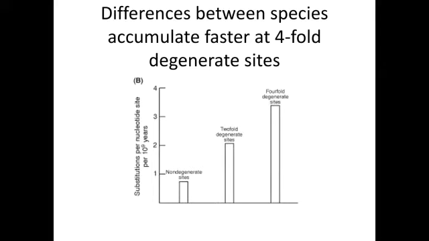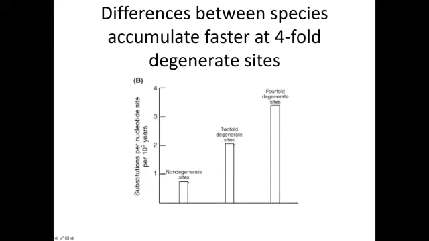You can look at the substitutions and you can see that the rate of accumulation of substitutions is much higher, say, for example, between us and chimps or us and mice at 4-fold degenerate sites compared to 2-fold degenerate sites. And 2-fold degenerate sites are going to have an accumulation of differences that is happening at a faster rate compared to non-degenerate sites.